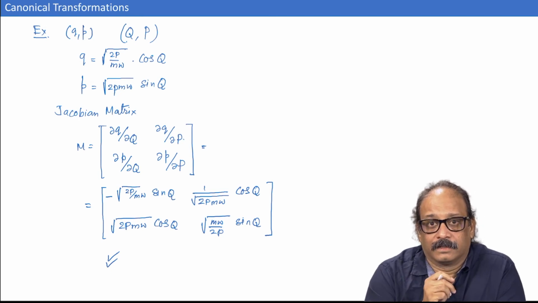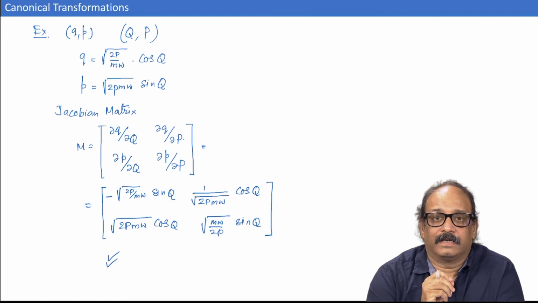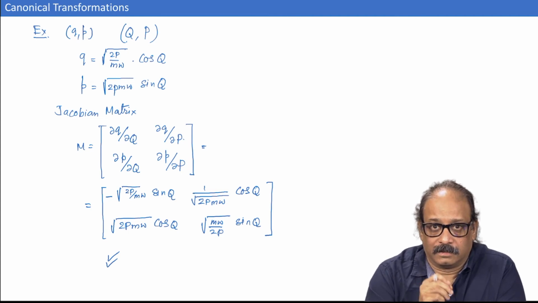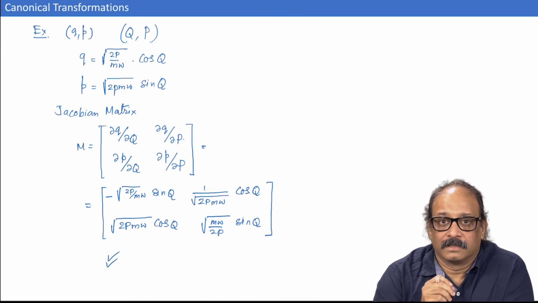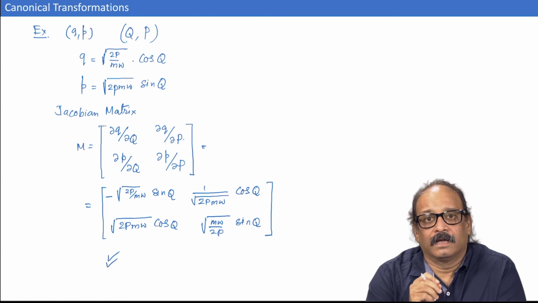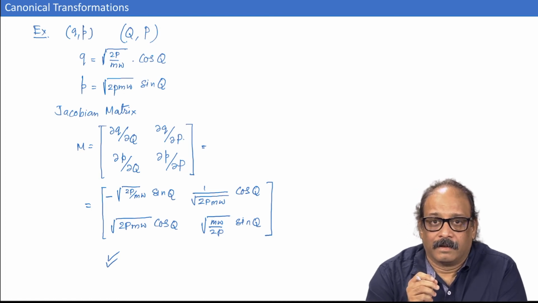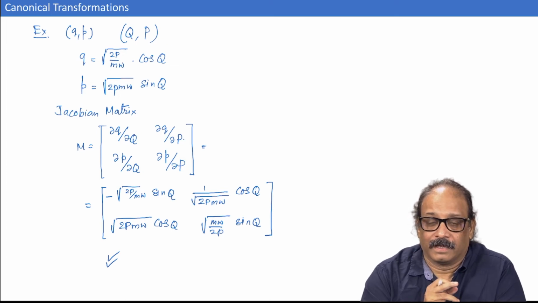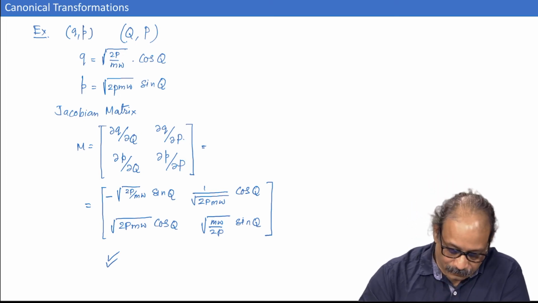It turns out that the condition is in fact exactly the same. Even for the general transformations, the transformation will be canonical if and only if the corresponding Jacobian matrix of the transformation is symplectic. But you see, the proof that we have here will not work. It will not be as simple as the proof which we have done.